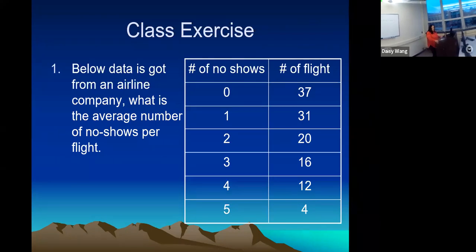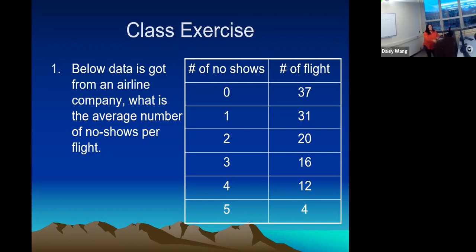So this is data from an airline company, and we have different numbers of no-shows. So they collect data from about 100 different flights.